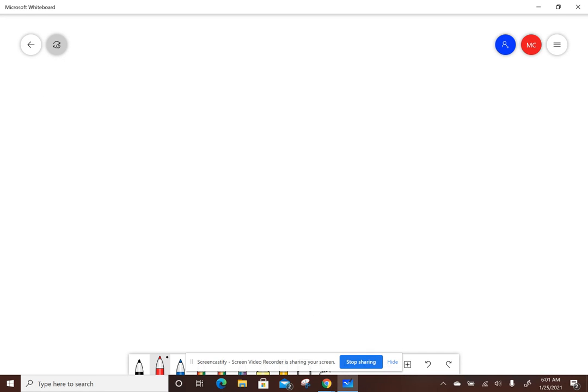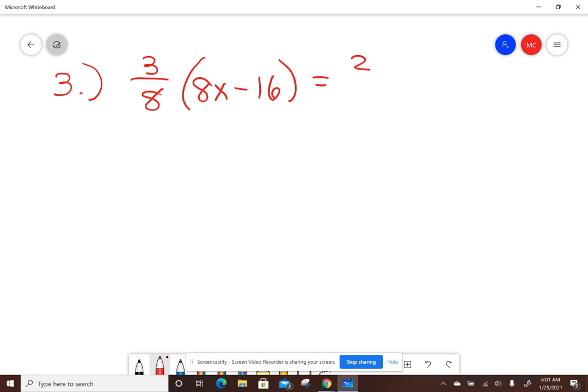So this is page 34. And this one is 3/8 times 8x minus 16 equals 2/5 times 15x minus 5. Now, I can look at this and say, oh no, two fractions, better clear the fractions.